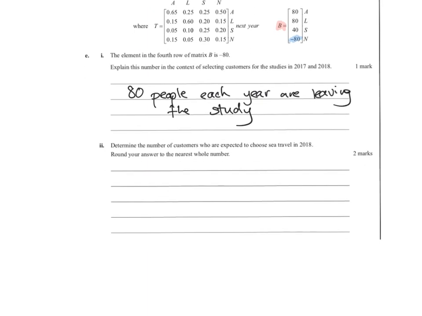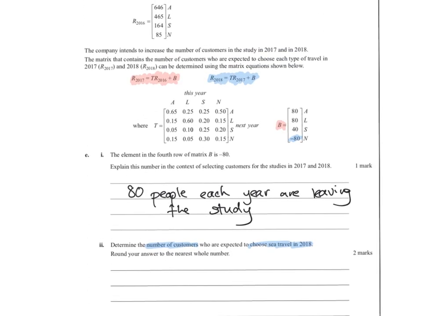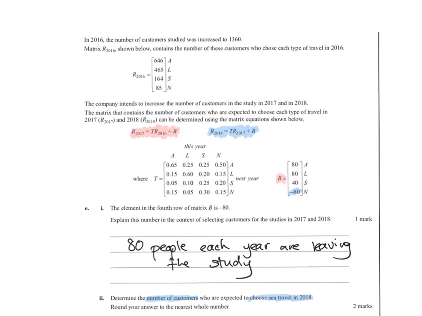Question 2. Determine the number of customers who are expected to choose C travel in 2018. Round your answer to the nearest whole number. If you are a highlighter, we just want the number of customers choosing C travel in 2018. What we've been given is the 2016 values.